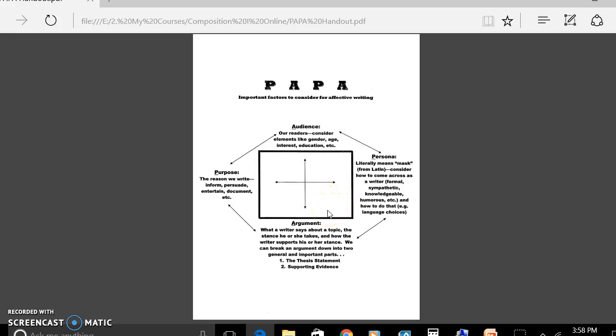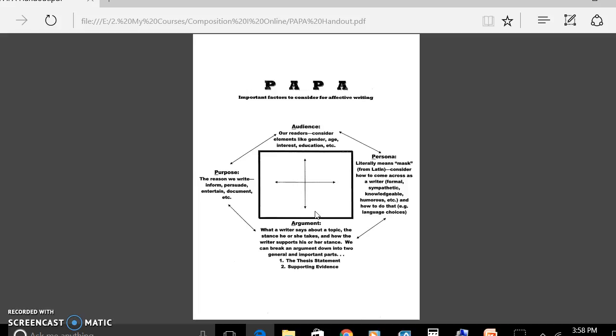And lastly, your argument. This is what a writer says about the topic, the stance he or she takes, and how the writer supports his or her stance. What evidence or information do you use to support your claim? Now, again, the stance that you take, if it's a controversial issue, you can't just stand on the fence.